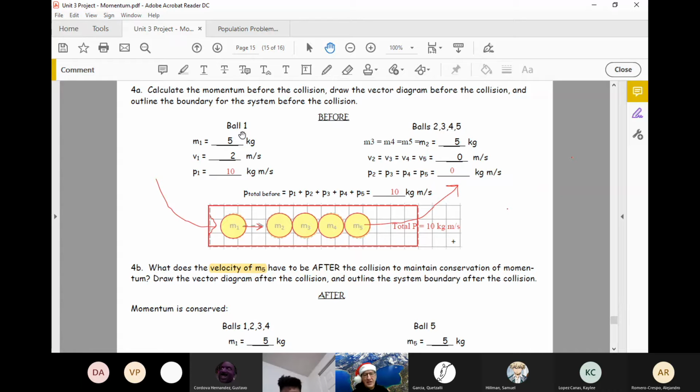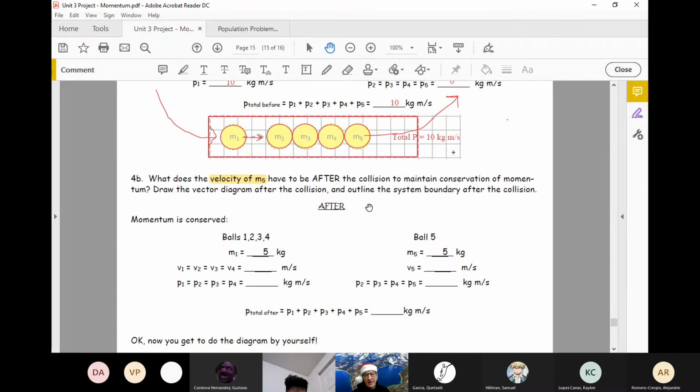You have a mass, you have a velocity, you multiply, you have another mass, its velocity is 0, so you get 0, and then you add them together. But here we have to work backwards to find the velocity. The velocity is not given to us. That's the big question mark right here. What is this velocity?